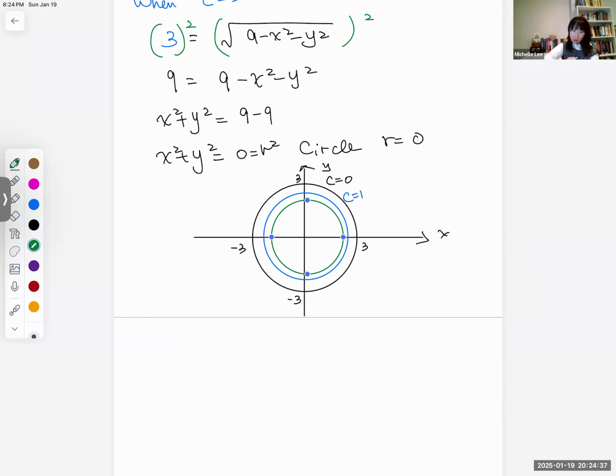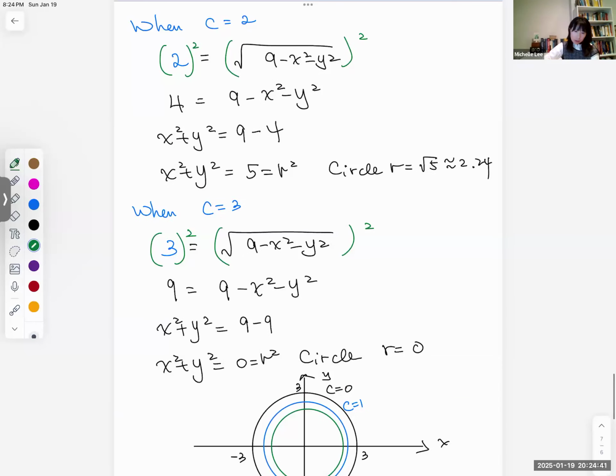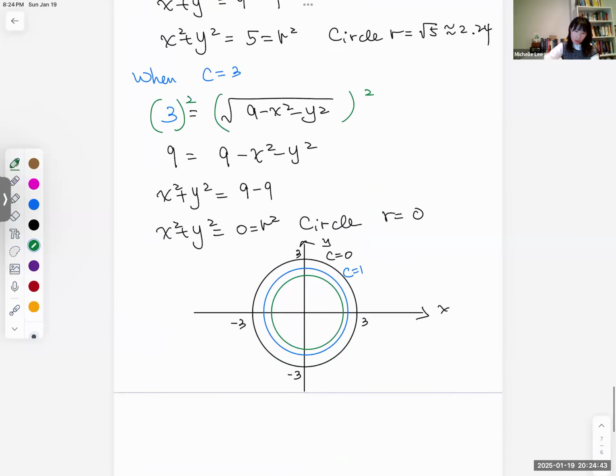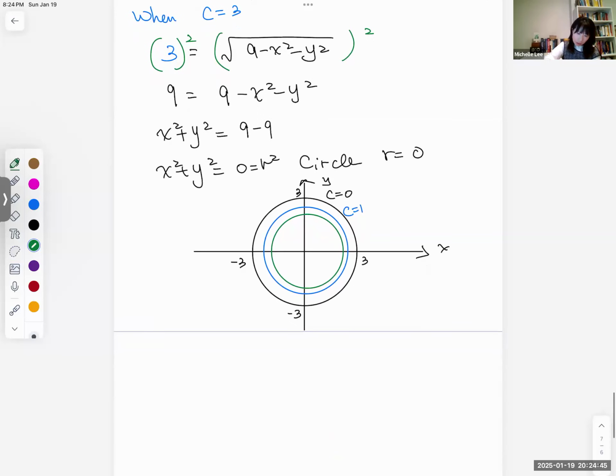When c equal to 3 is 0. This is c equal to 2.